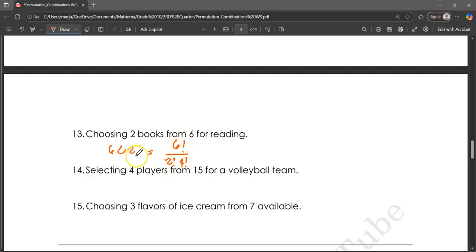Since we're choosing 2, of course, that is 2 factorial. And since this is 6, we need 4 more to give us 6. 2 plus 4 is 6. So this is just 6 times 5 over 2 factorial, or simply this is 15.